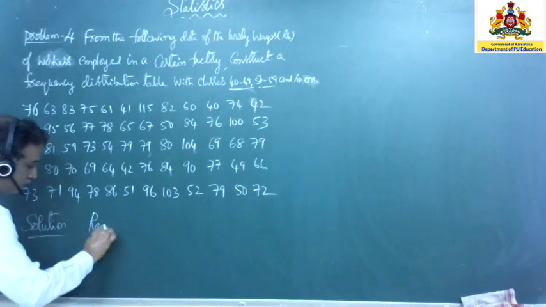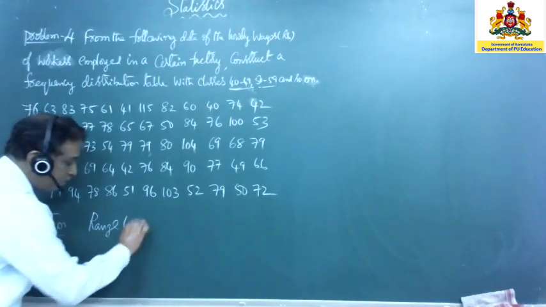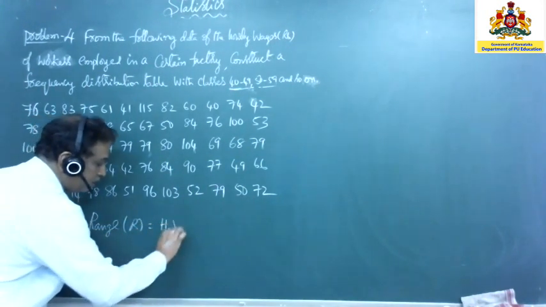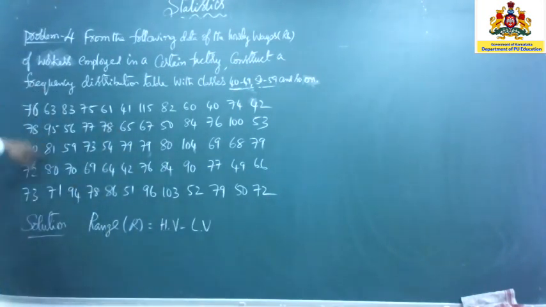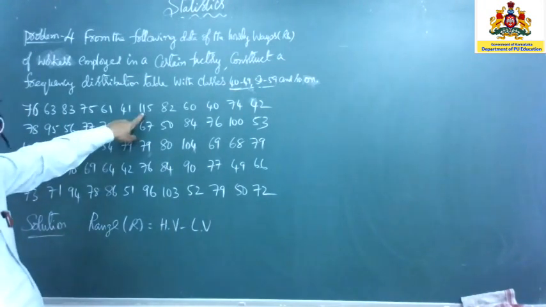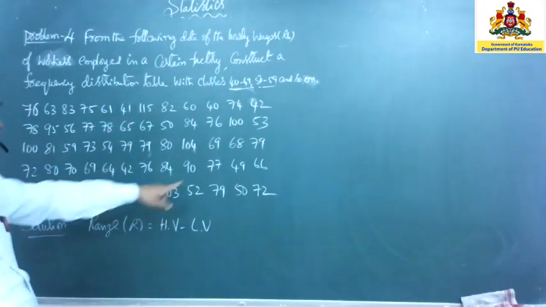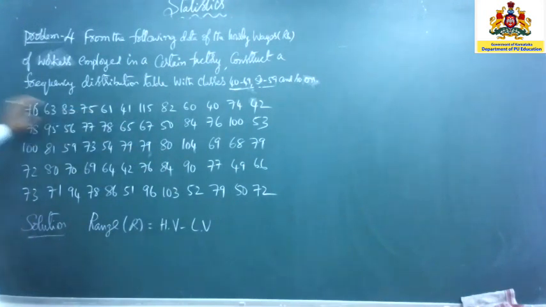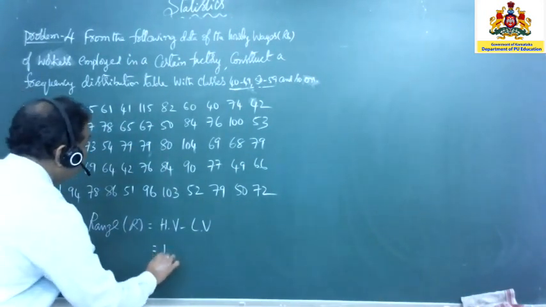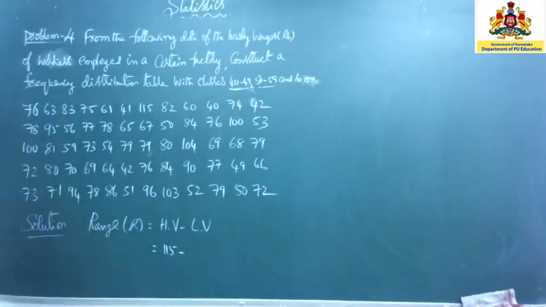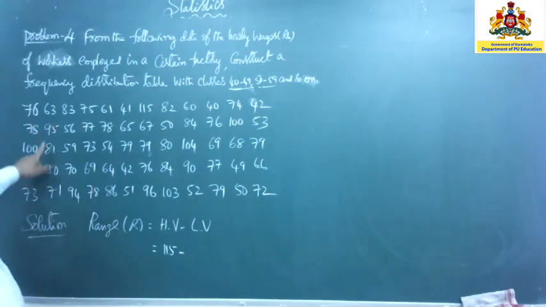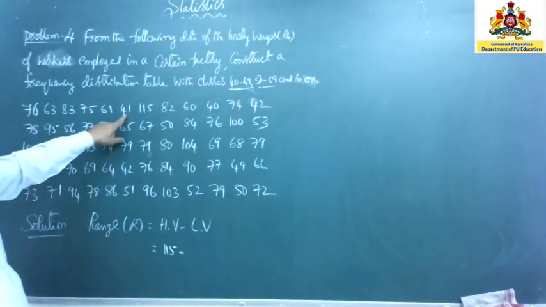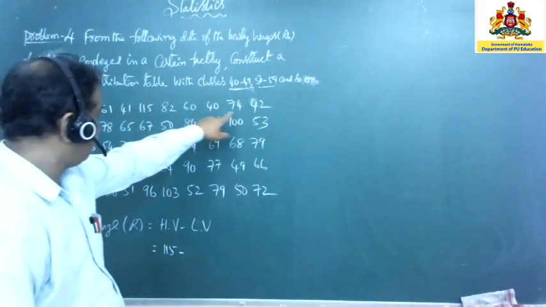Okay, now in the solution, range is the highest value minus the lowest value. Search what is the highest value. The highest value is 115. What is the lowest value? 42, 41, 40 is there.